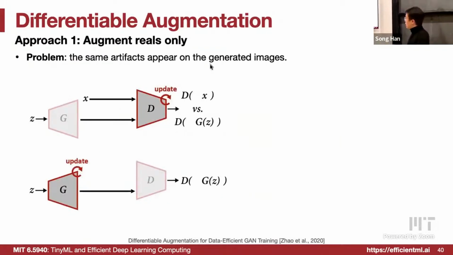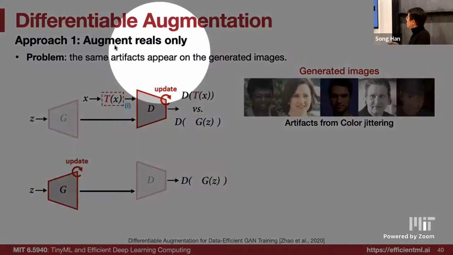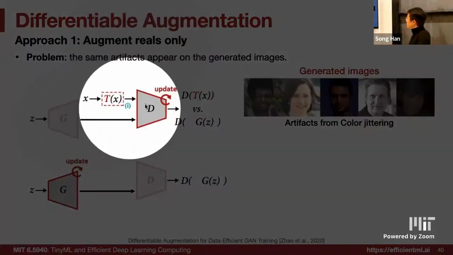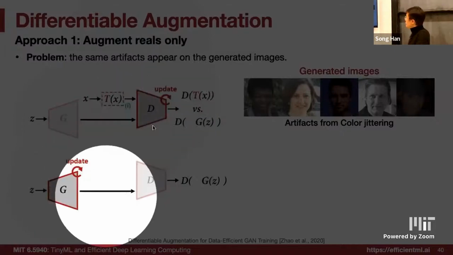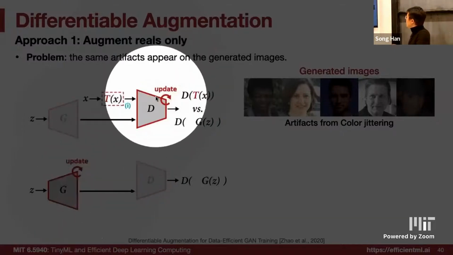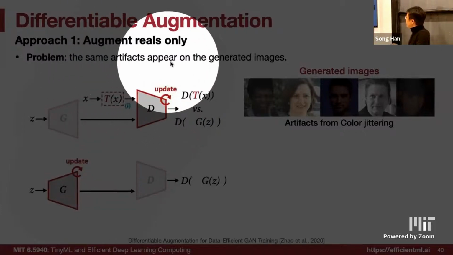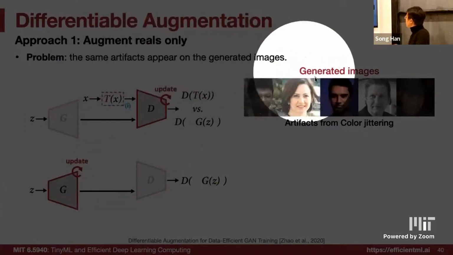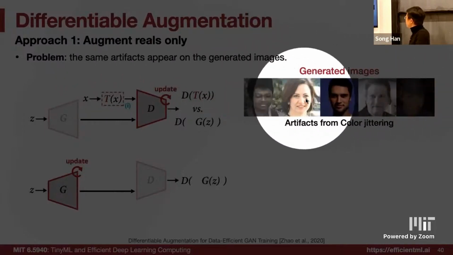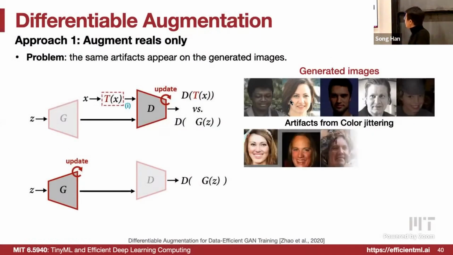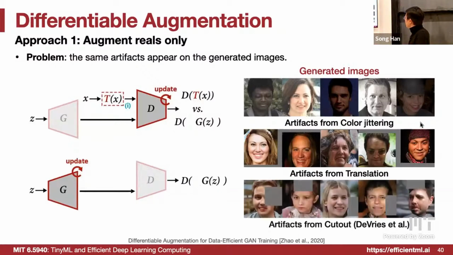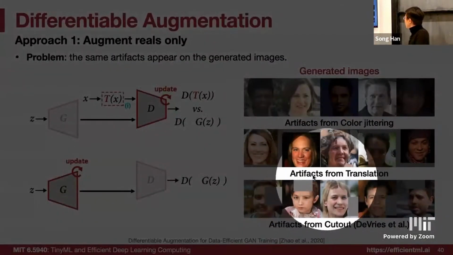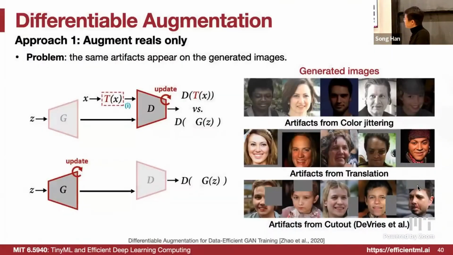So one technique is to augment the real images only. There's a generator, there's a discriminator. We train the generator and the discriminator iteratively. And one very popular technique is to apply artifacts like color jittering, make it darker, make it brighter, or apply some translation, like shift it to the top right corner, or apply some cutout, so cut a piece of the image.